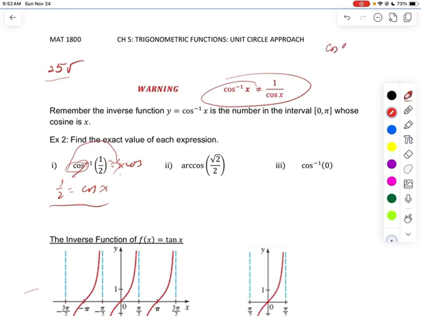Now I am writing it like this so that you can understand what is happening: the cosine goes on the other side and the inverse disappears. But you are not supposed to cross it and put the cosine after the x. That doesn't make sense. That is like saying what is the value of this, which doesn't make sense.